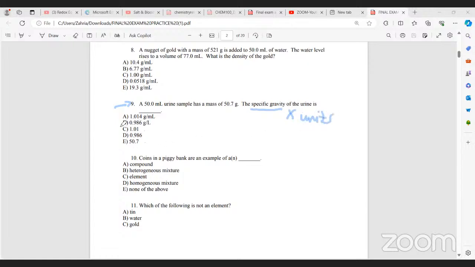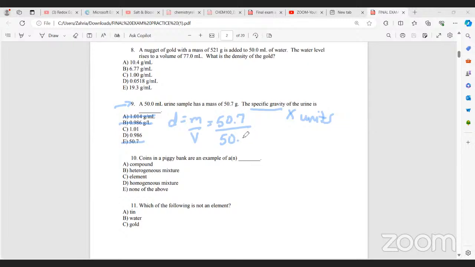Because it doesn't have units, we can cancel out B and A because there are no units involved in specific gravity. However, this problem is solved just like density, where you're going to say mass over volume to do your calculations. And I also know that because I am going to divide these two numbers, the E doesn't make sense either because they're just using the same number that was given in the problem. So I would have to exit that one out.